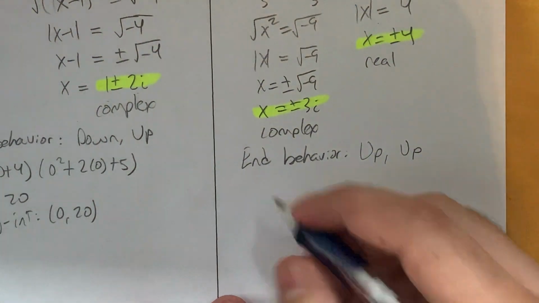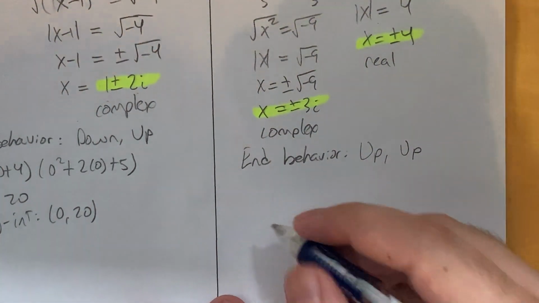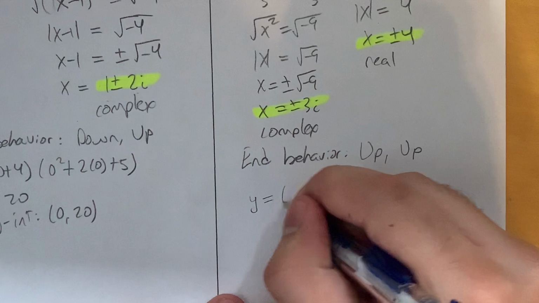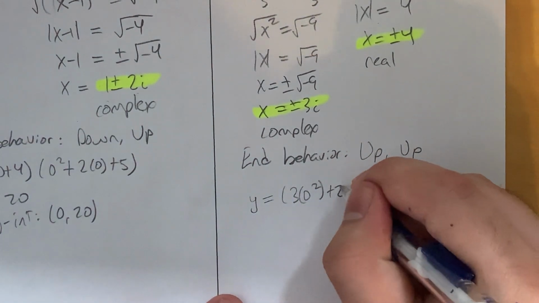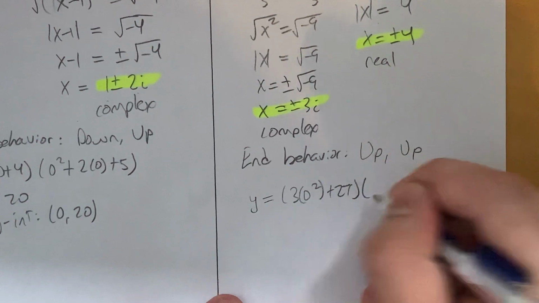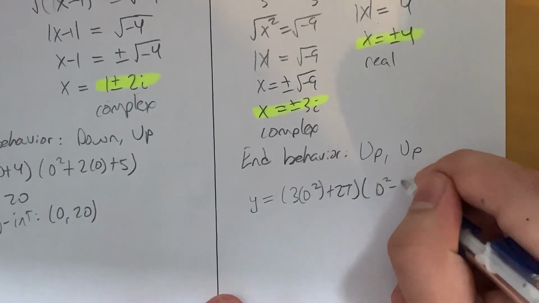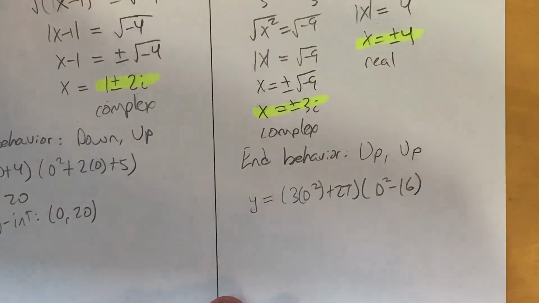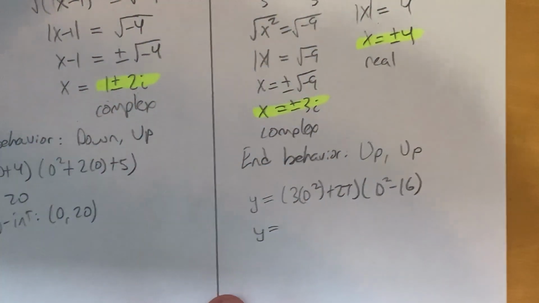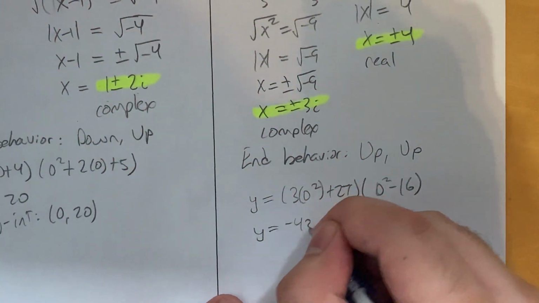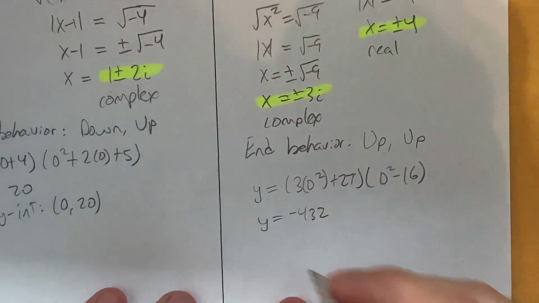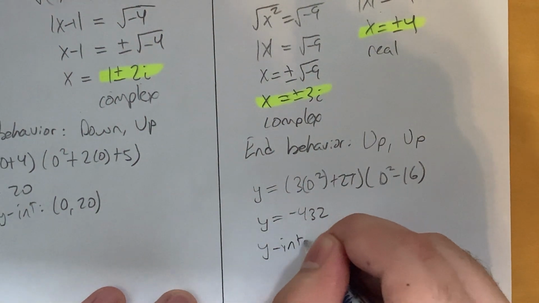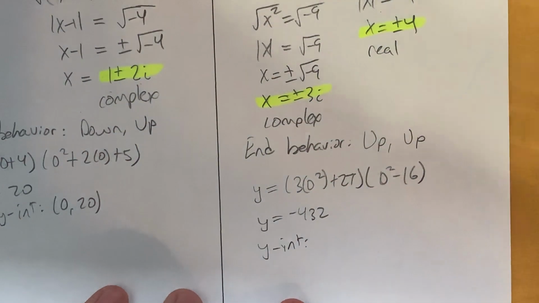We can also solve for the y-intercept to help us get a more accurate graph, if you wanted. So y equals 3 times 0 squared plus 27 times 0 squared minus 16. What do I get? Y equals negative 432. Yeah, these are some really big numbers, but this is what usually happens.